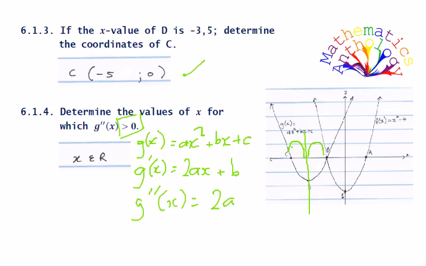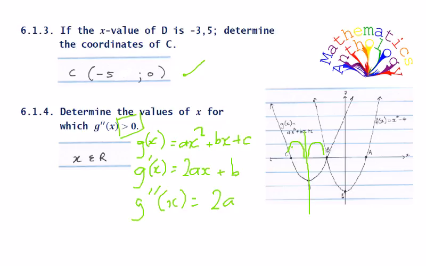Now if we find the second derivative, g double prime x will equal 2a. Now remember, the graph of g from the diagram is a happy face graph, which means that the a value there in ax squared plus bx plus c is positive. So 2 times any positive value for a will always be a positive answer.